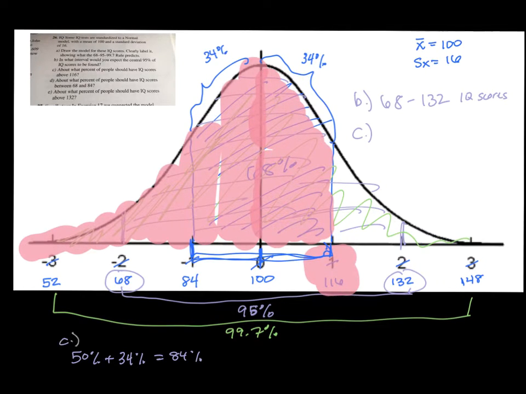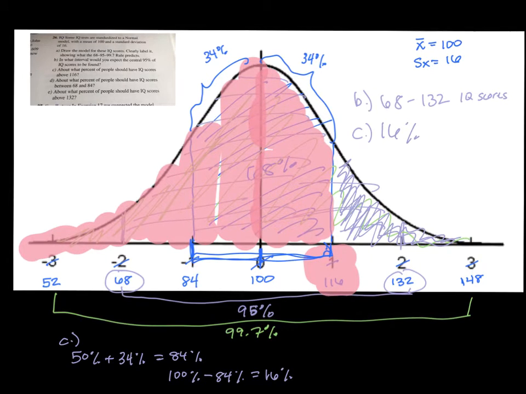This is for C. But 84%, that's below 116. And for C, it says that we want above 116. So I actually want all of this section that I'm shading in the purple off to the right. Since the whole entire graph would be equal to 100%, I would just take 100% minus 84%, and that would give us 16%. So my answer for C should be 16%.